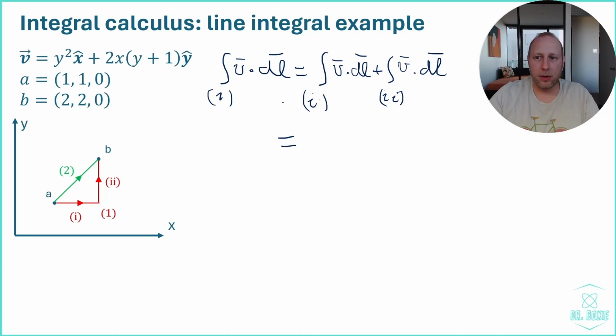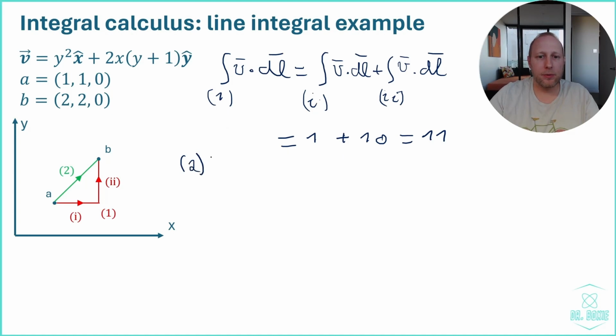Now the integral along the first part, as we saw before, was 1, and the one along the second part was 10, so we find 11 as the answer for the line integral along path 1. Now we want to look at path 2.